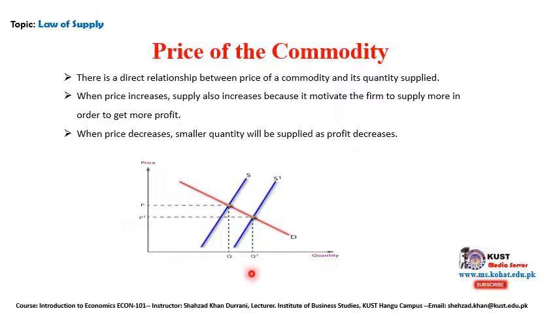Because of the price decrease, the quantity demanded can increase, right? So you can see they are supplying less, but there is an expansion in the demand curve, right? When you are reducing the price, there is an expansion in the demand, there is an increase in the demand, though you are not supplying that much to the market.